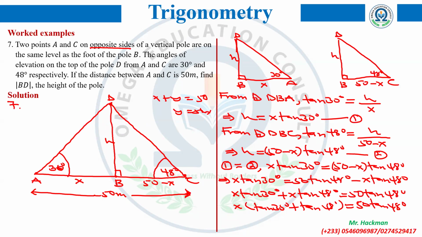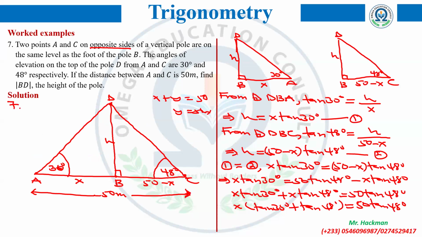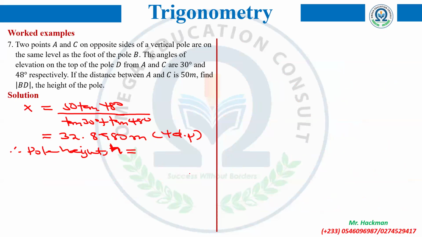So you are now going to find the height of the pole. So I'll write, therefore, pole height will be equal to the one that you presented by H. That will be equal to x tan 30 degrees.